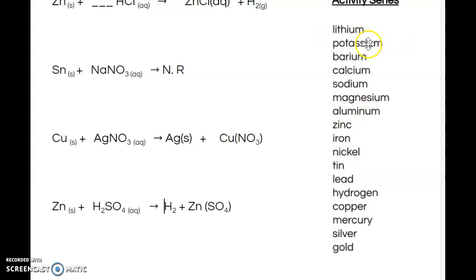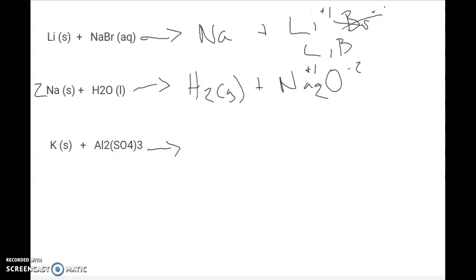Potassium's here, so there will be a displacement. So I can say aluminum plus potassium, which has a charge of +1, and sulfate, SO4, and we know that it has a -2, so it's going to be potassium 2 sulfate, sulfate with 1.